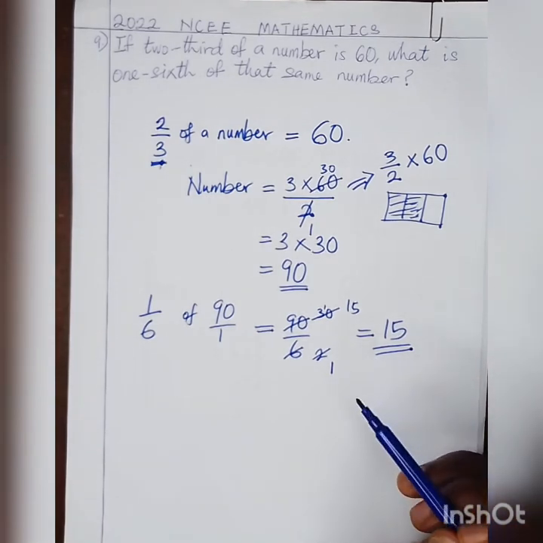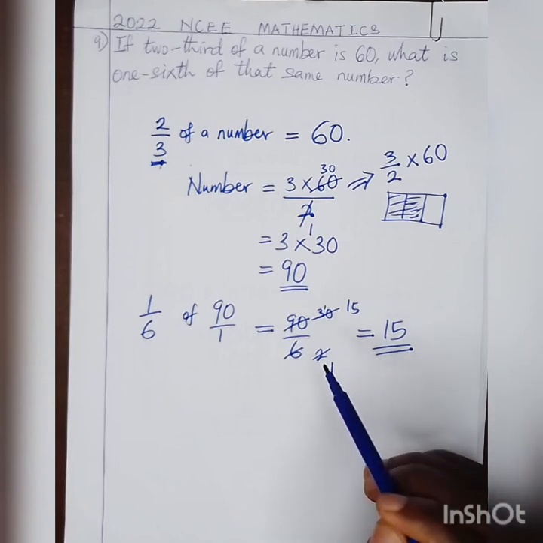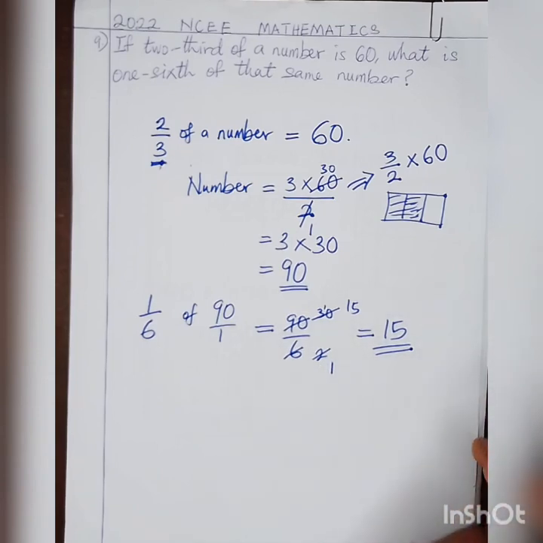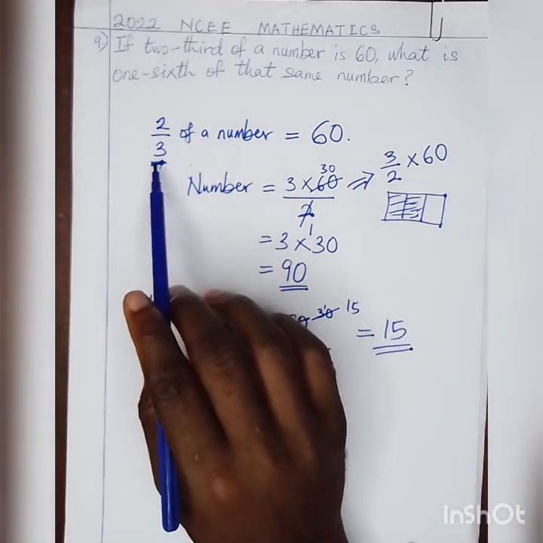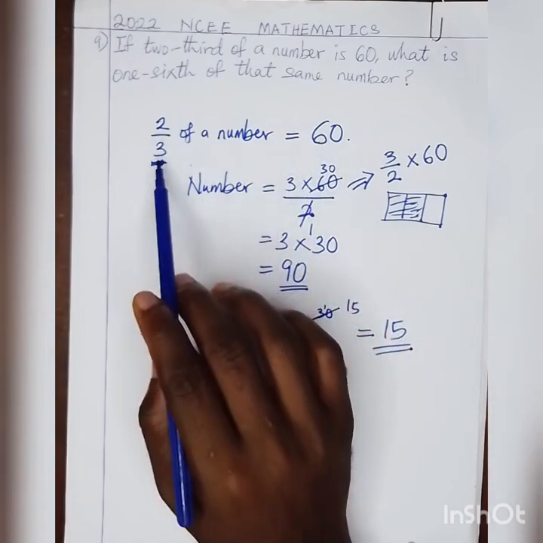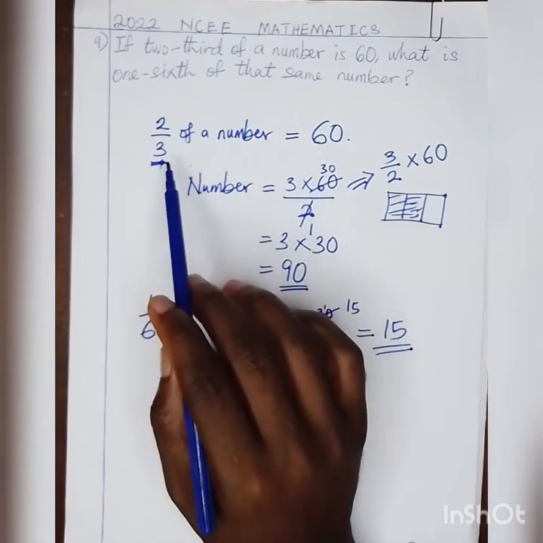So let's recap. What do we do? If 2/3 of a number is 60, what is 1/6 of that same number? To find the number, since we know the fraction and the quantity of that fraction, 2/3 of the number is 60. So what do we do to find the number?